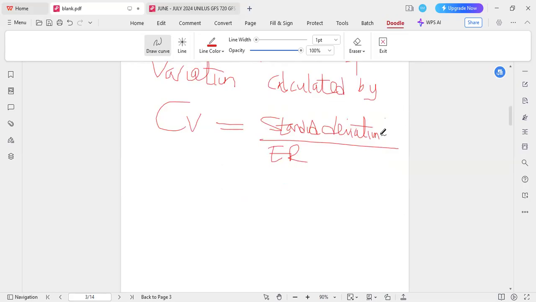So standard deviation is the risk and this is the return. Okay.